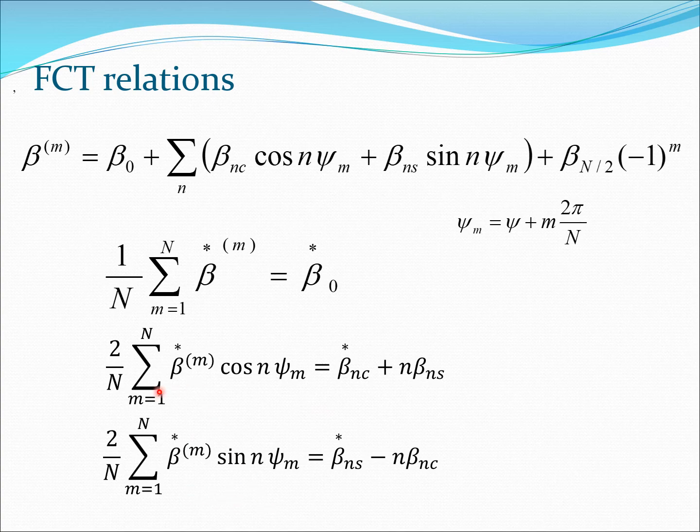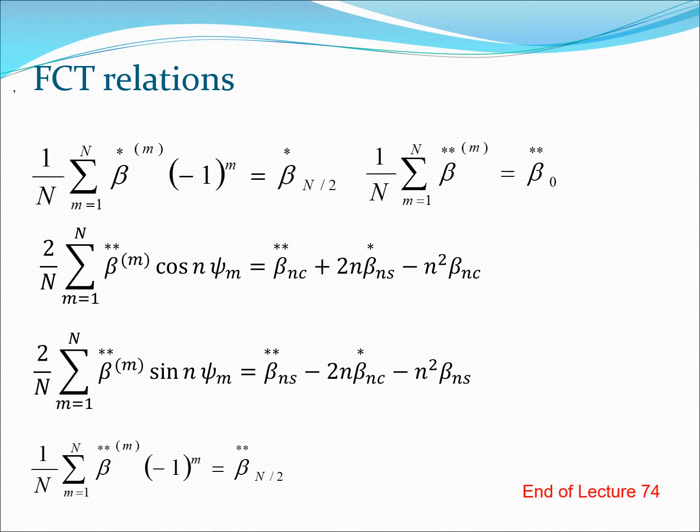Typically you have the equation of motion in the rotating frame, you multiply it by these cosines and sines and you get these expressions here. Similarly, these equations will give you, in terms of beta star m, negative 1 to the power m is beta star n by 2. One more equation here. So these are pretty straightforward.